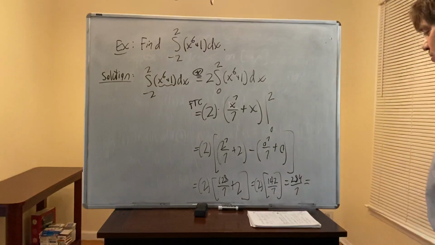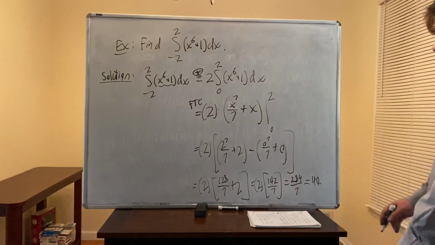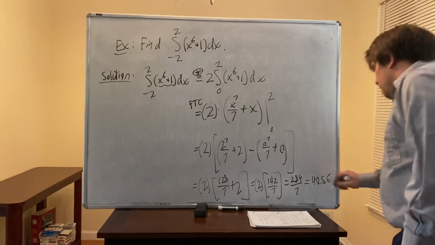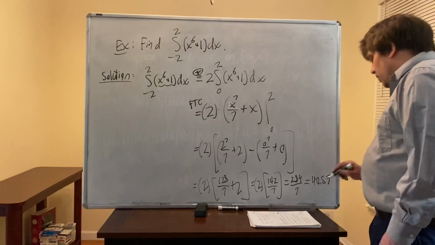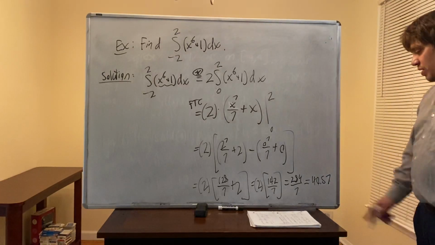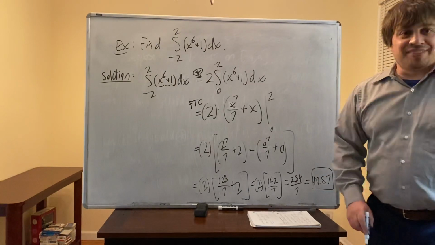And in decimal form, that's 40.56, but that's not rounded to the nearest hundredth. That's 40.57. That's rounded to the nearest hundredth. So 284 over 7 is 40.57 rounded to the nearest hundredth.